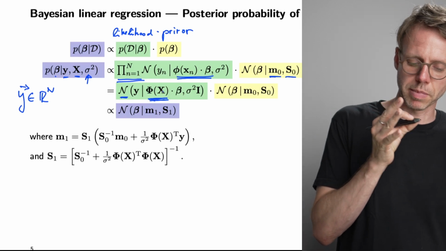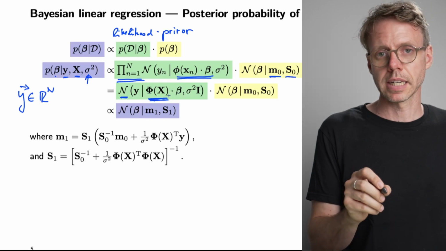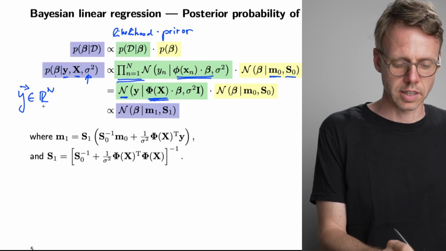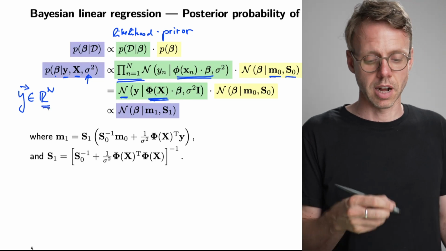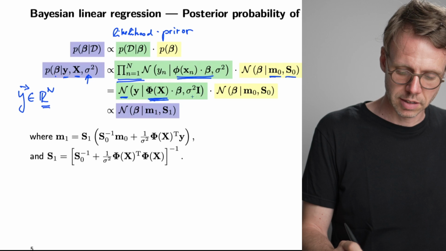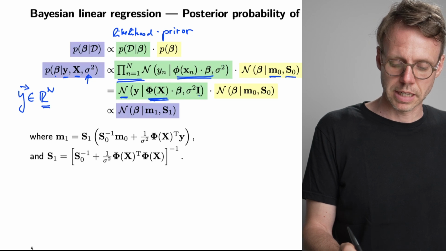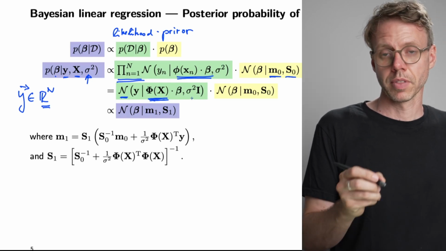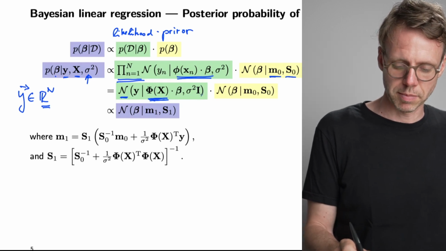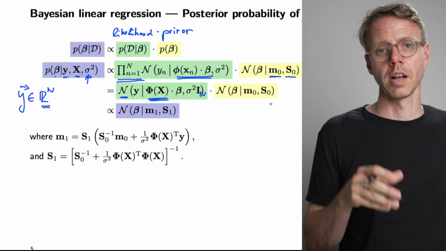So if we multiply this matrix of all the phi's, the design matrix, times the betas, we will get a mean vector that has the same dimensions as y, so it's also an element of R^n, and a covariance matrix that is, well, because we had IID noise distributions, it means that all the variances are identical and that we have zero covariances, so it's sigma squared times the n-dimensional identity matrix, times our prior distribution as before.